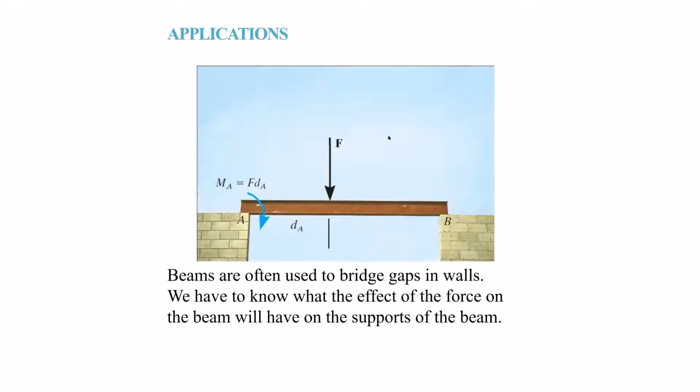Well, we could do the summation of the forces in the y direction. This is F, and if this thing has some weight associated with it, it has an F that's pushing straight down. Then we have some other force, a reaction essentially, at this point pushing back up on the beam, and we have another force over here.